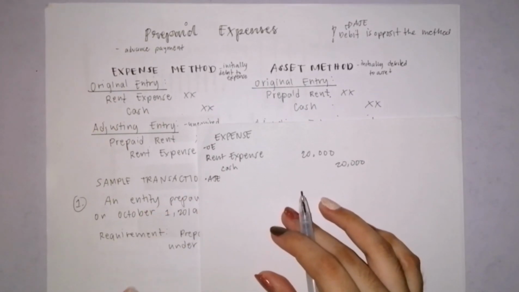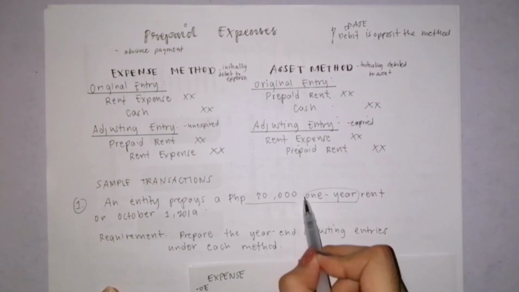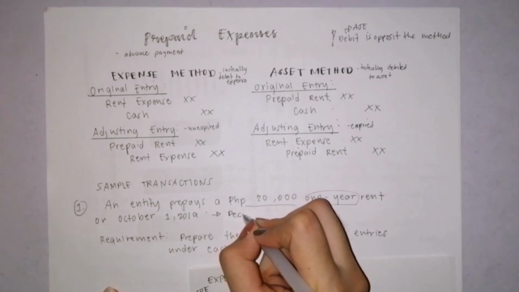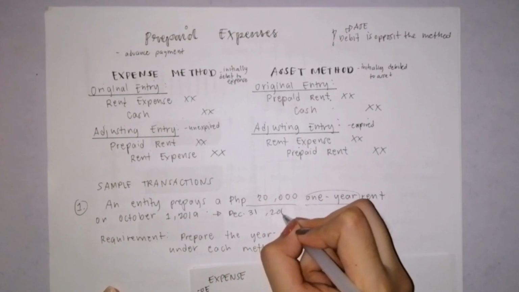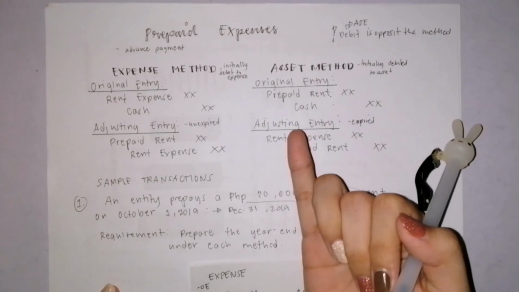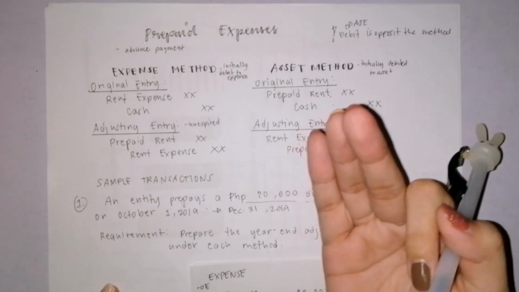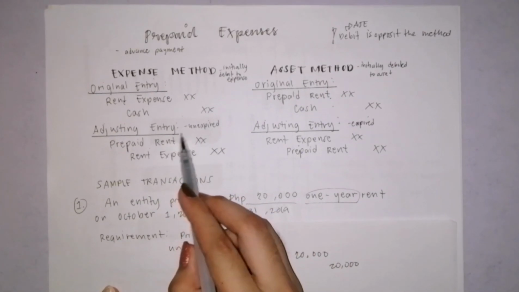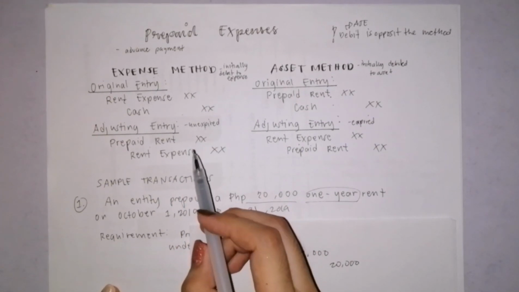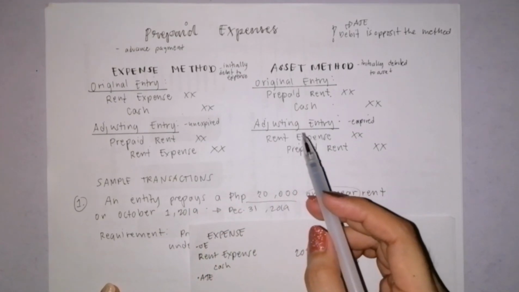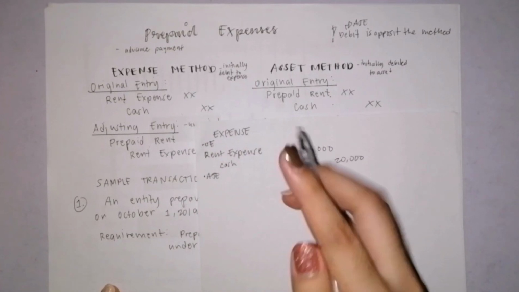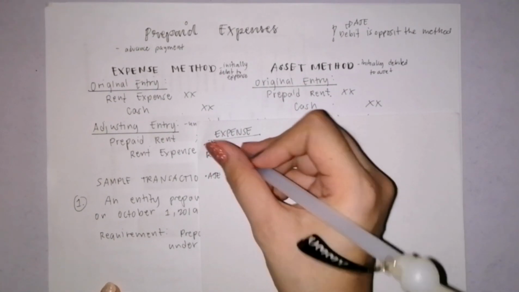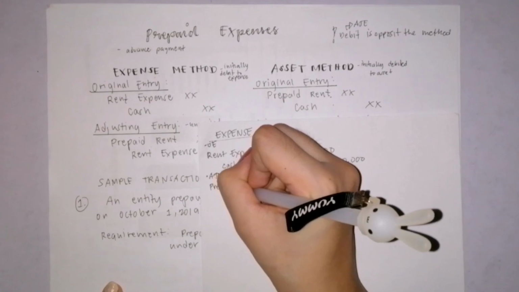Adjusting entries are made at year end. The 20,000 is a one-year rent. The adjusting entries would cover October 1, 2019 up to December 31, 2019. From October, November, and December, so 3 months na yung na-incurred. In the adjusting entries under the expense method, we record the unexpired portion, meaning 3 months pa lang yung nagagamit out of 12 months. Since the expense method is used, the debit would be opposite the method.